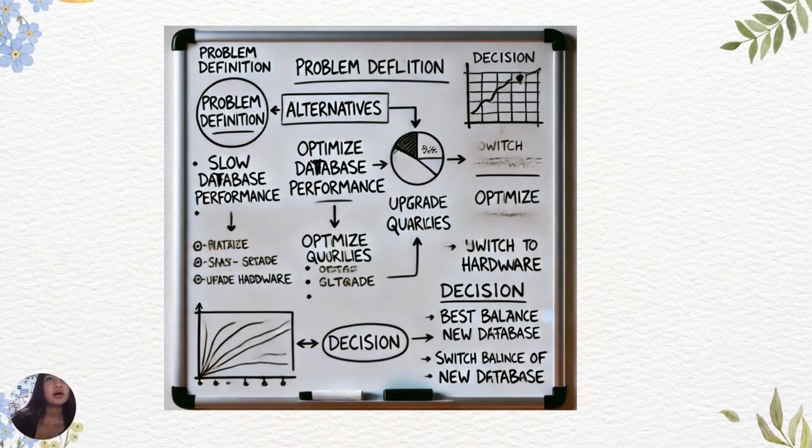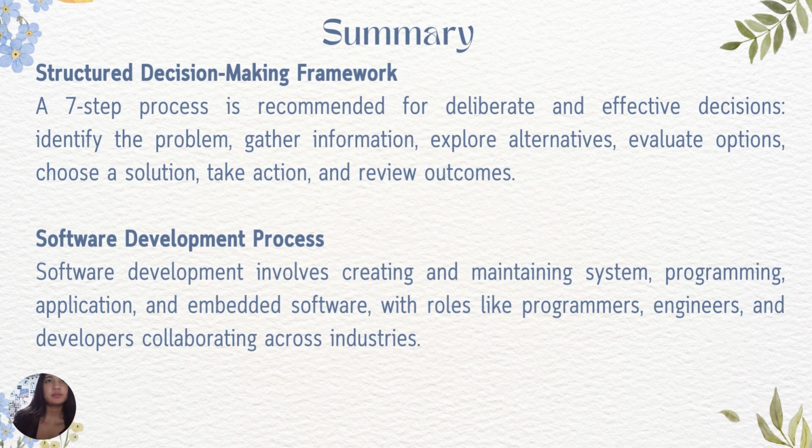Lastly, they weigh the decision by using a chart map, and that's it. They made a decision using a whiteboard showing the problem definition and how to make a decision by gathering information. So let's proceed to the summary of my topic.